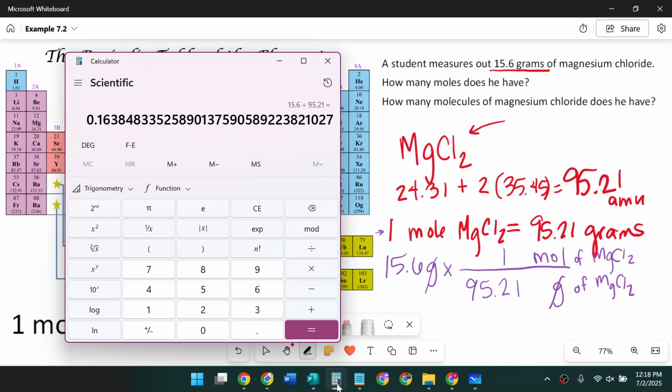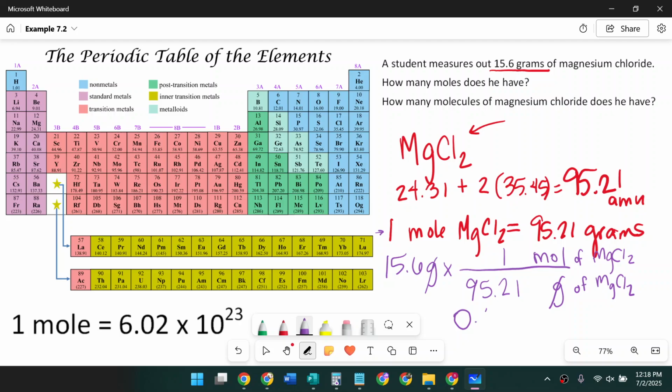That means we have 164 thousandths, or 0.164 moles MgCl2. All right, so this is the answer to our first question, which makes sense. We had 15 grams. A whole mole is 95.21 grams. 15 is much smaller than 95, so we should have a small fraction of a mole, which is what we have.